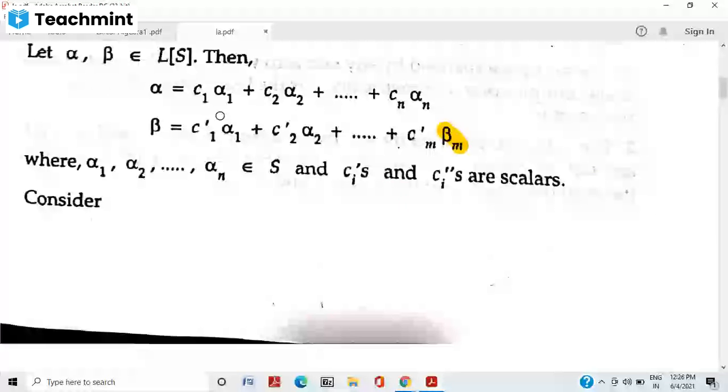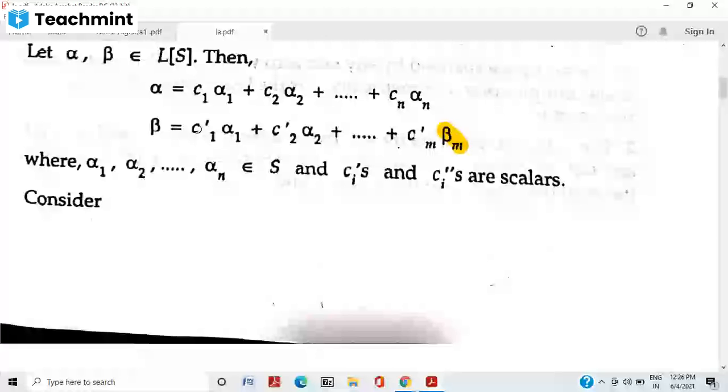Alpha can be written as a linear combination of the elements alpha 1, alpha 2, etc., alpha n, or we can write alpha as C1 alpha 1 plus etc. Cn alpha n. Similarly, beta also belongs to L of S itself. Then it is a linear combination of the same vectors alpha 1, alpha 2, etc., alpha n.